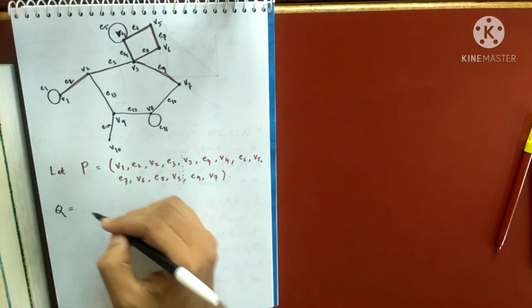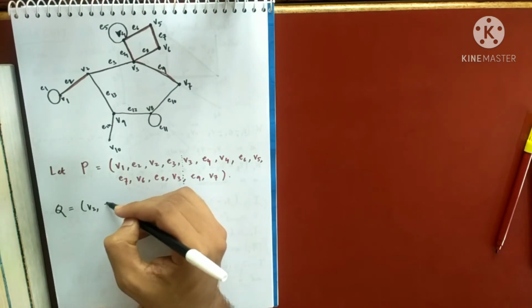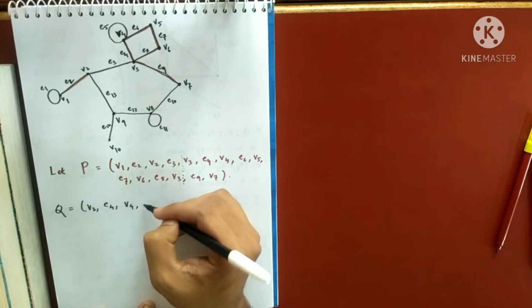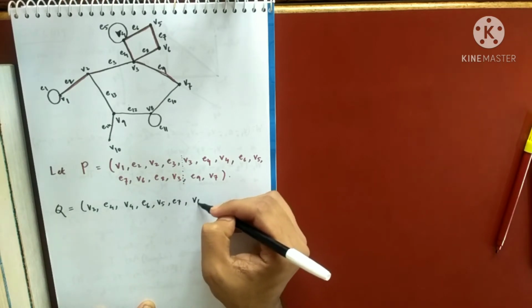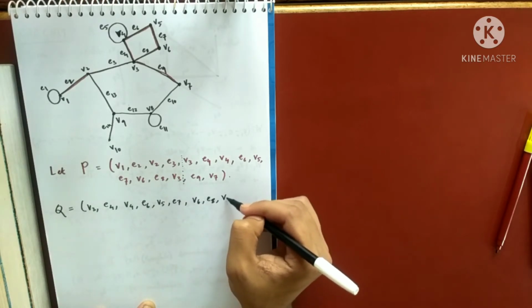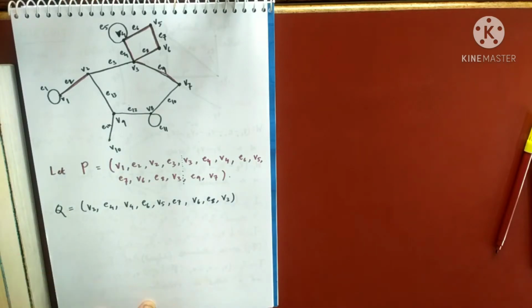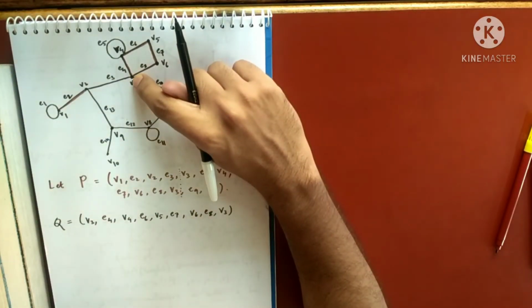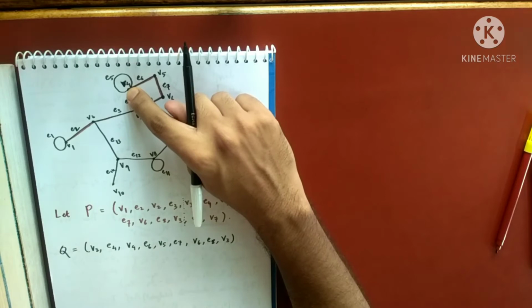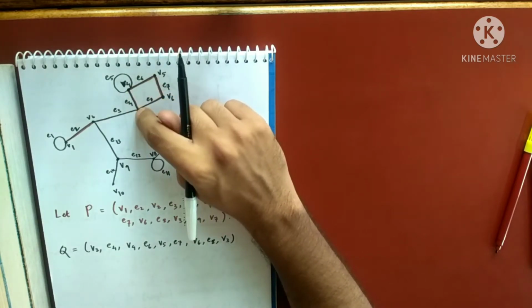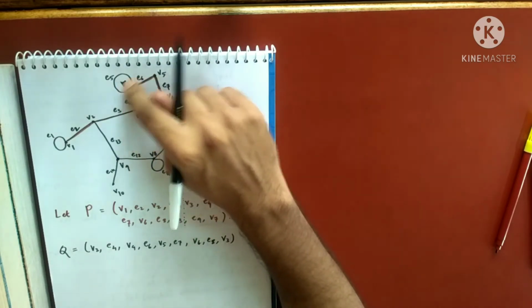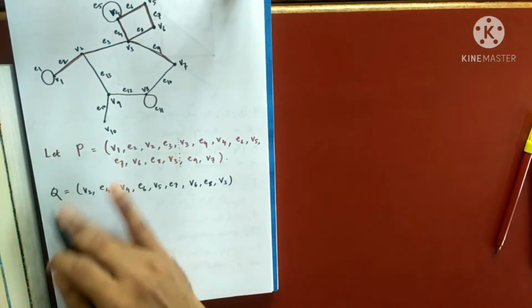That means Q is V3, E4, V4, E6, V5, E7, V6, E8, V3. So this is my Q.